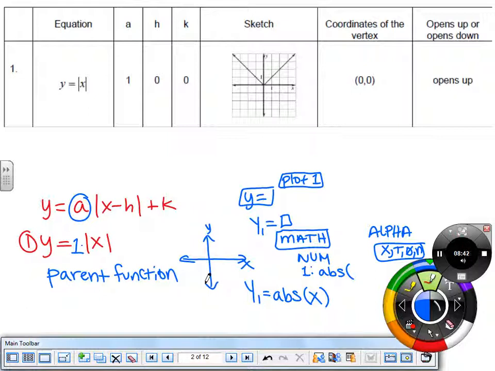And to get that quickly, we're going to go to zoom, which we've used before. We are not choosing zoom stat this time. Instead, look at choice 6, which says ZStandard. Okay? That's what we want to choose. Then it should take you to your graph, and you should get the picture like you see right here.